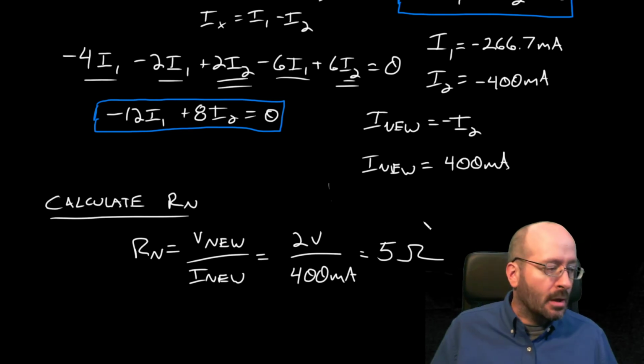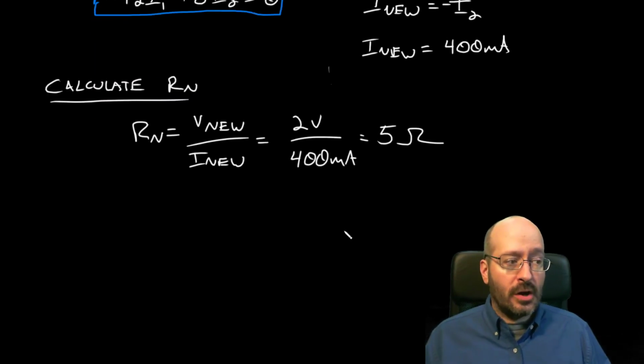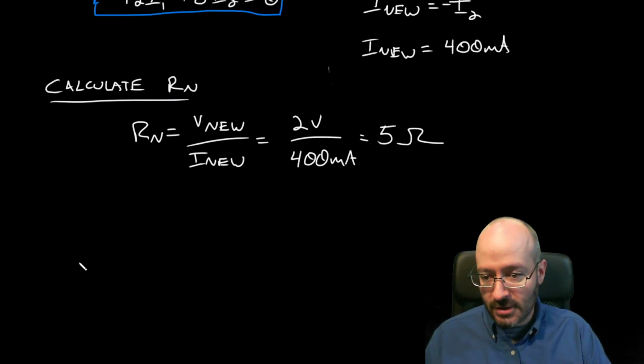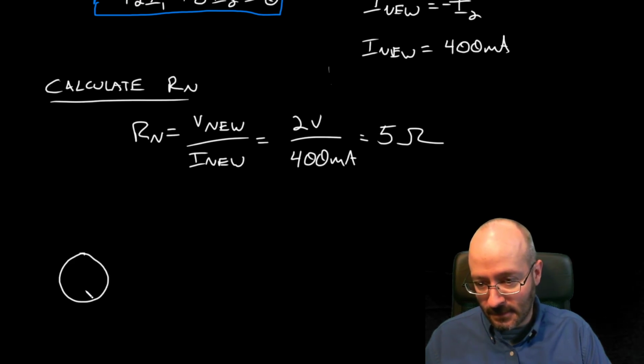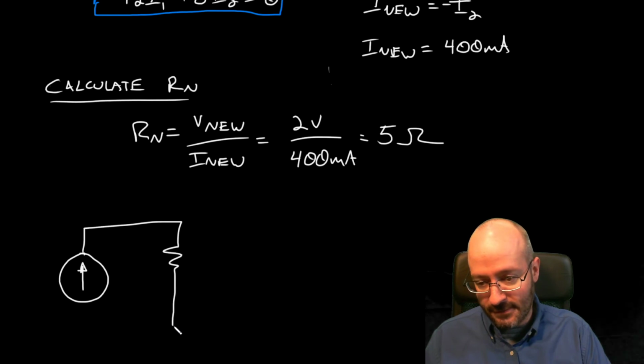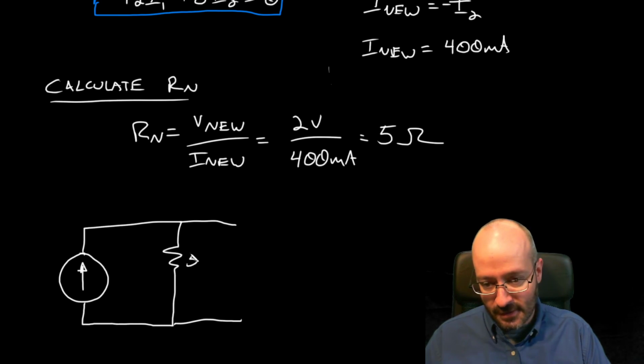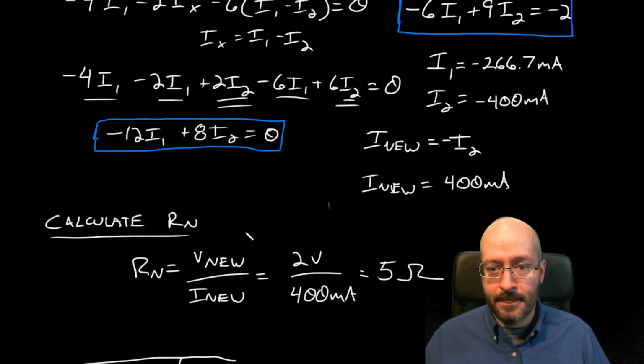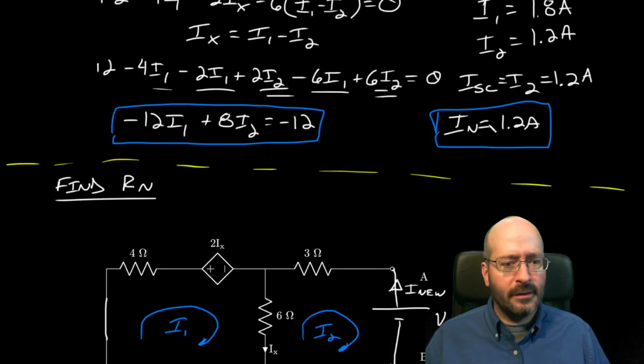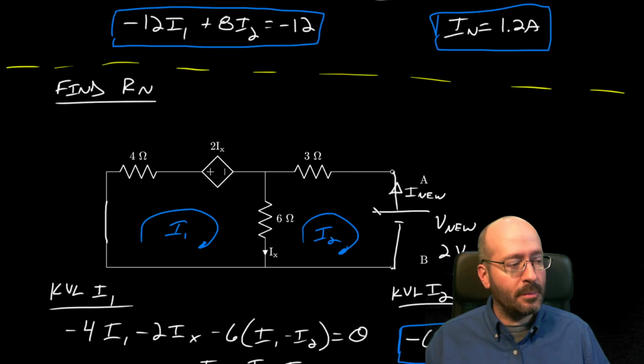Okay? So if I wanted to draw the equivalent circuit, this is a Norton equivalent, we would have a current supply with a parallel resistance. That parallel resistance, since I have it right here, is 5 ohms, and that's our Norton. What do we get for a current? I Norton is 1.2 amps.